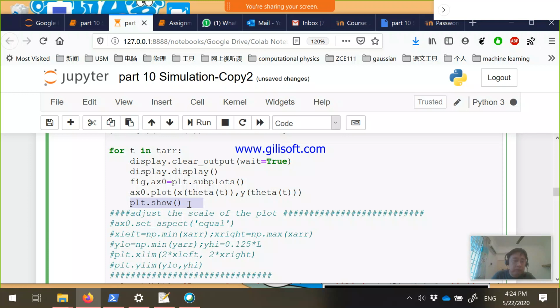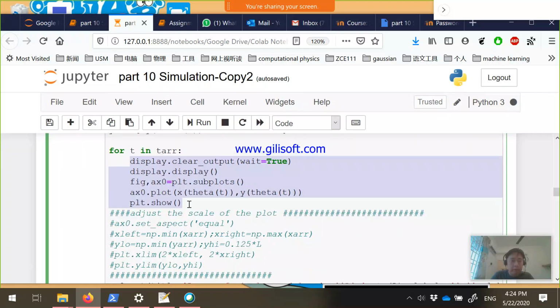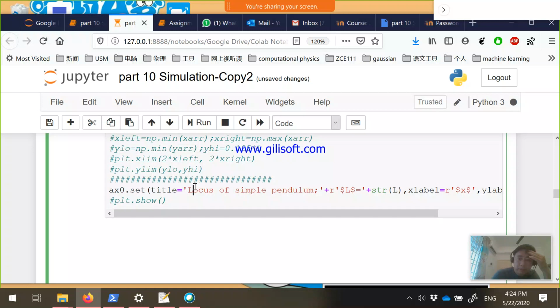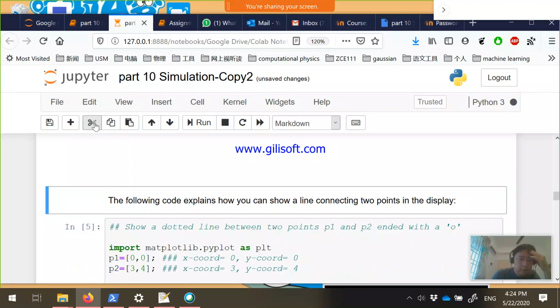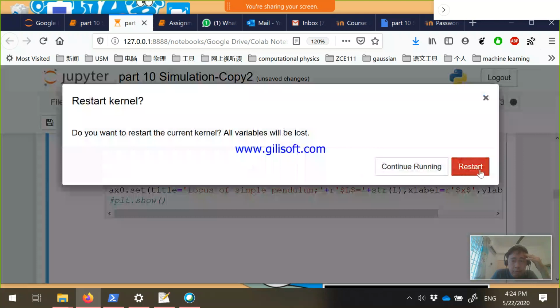Okay. So the plt.show should be within the for loop, not outside the for loop. So this is to display point by point the coordinates of x and y at different t. Coming out? No, it didn't come out. Wait, let's just wait again. Restart the kernel.